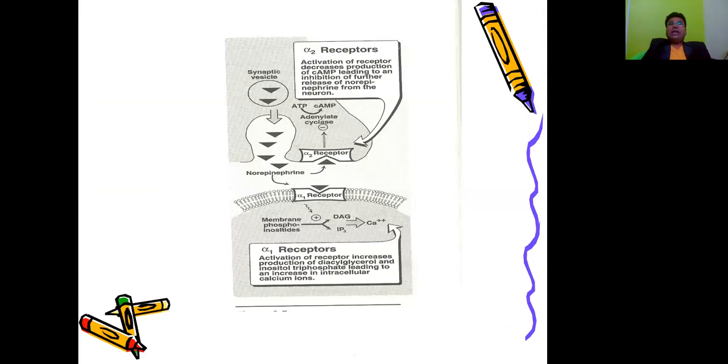The activation of this receptor decreases the production of cyclic AMP, leading to an inhibition of further release of norepinephrine from the neuron. Then the alpha-1 receptors, which are present in the postsynaptic neuron, when activated increase the production of diacylglycerol and inositol triphosphate, leading to an increase in the intracellular calcium ions.